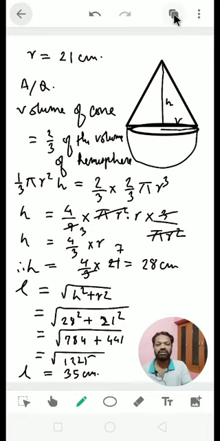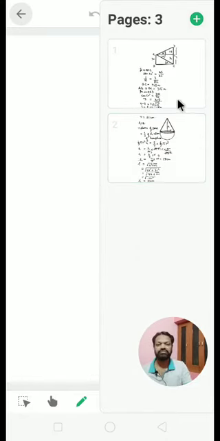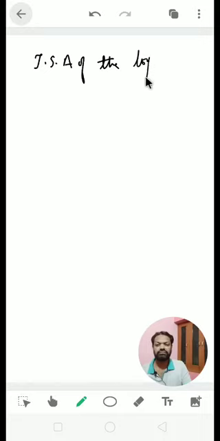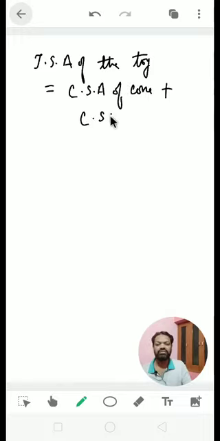Now come to the next page. So we got L is equal to 35. We have to find the TSA of the toy, which is equal to CSA, that means curved surface area of cone plus curved surface area of hemisphere.